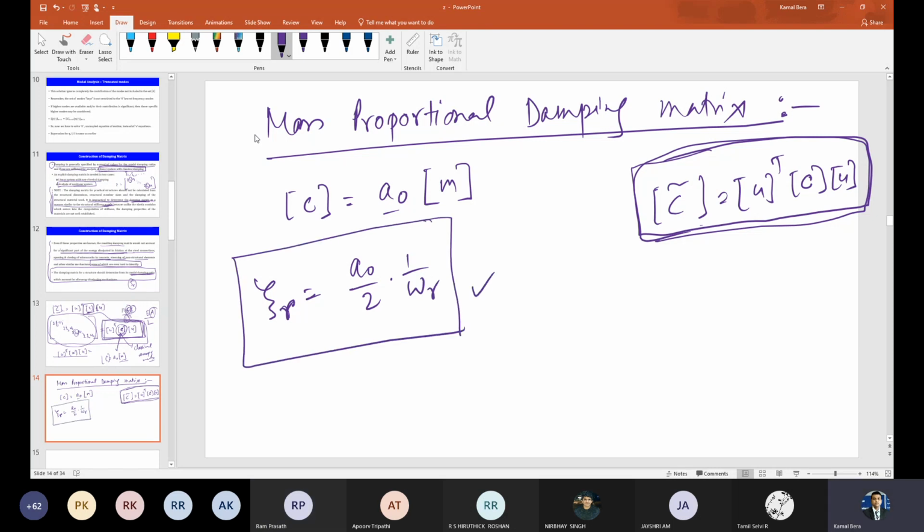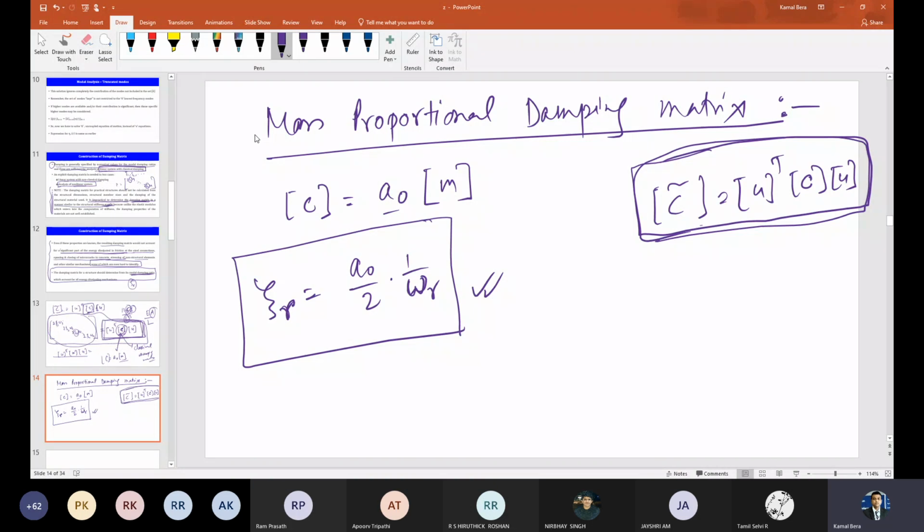Who does not agree with this expression or is not able to find it, please respond. Otherwise, I'll just move ahead. Is everybody getting this? This is correct. Please reply, I am repeatedly asking you.